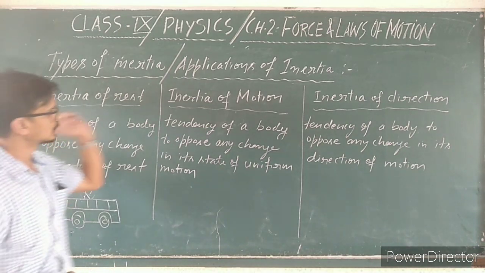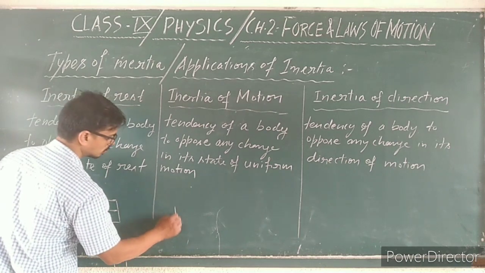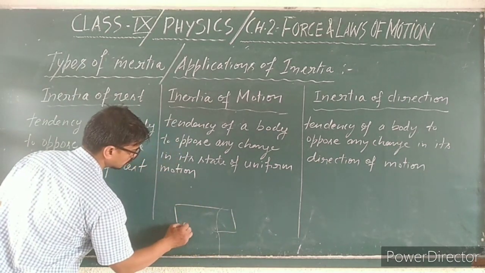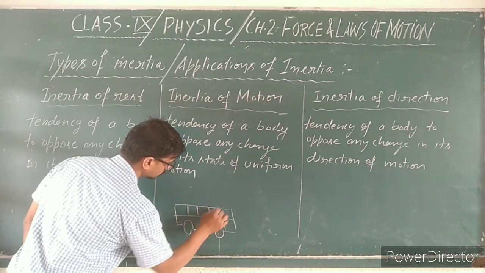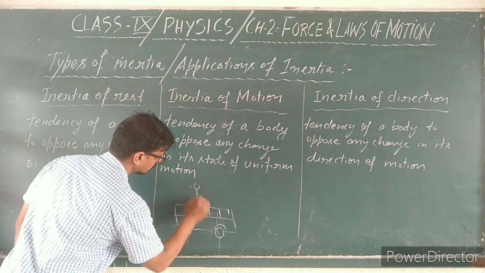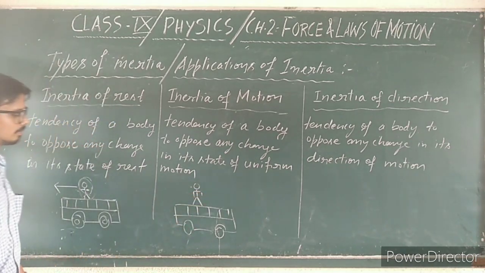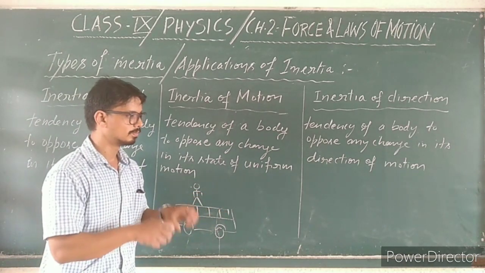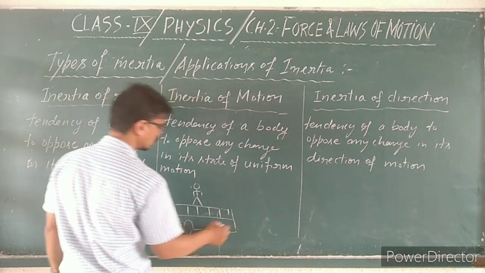Okay guys, second, inertia of motion. The same guy is traveling on the top of the bus. Now the bus is moving with a uniform speed and suddenly the driver applies the brake and the bus comes to rest.